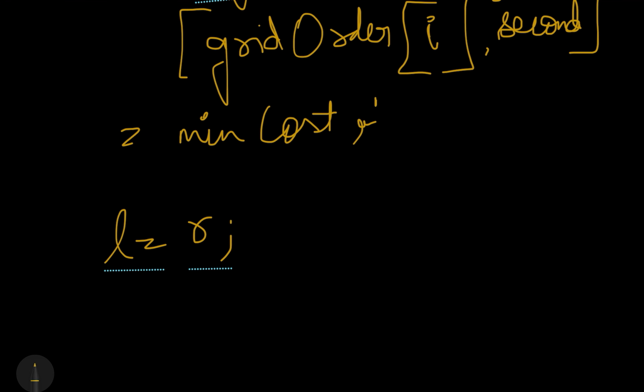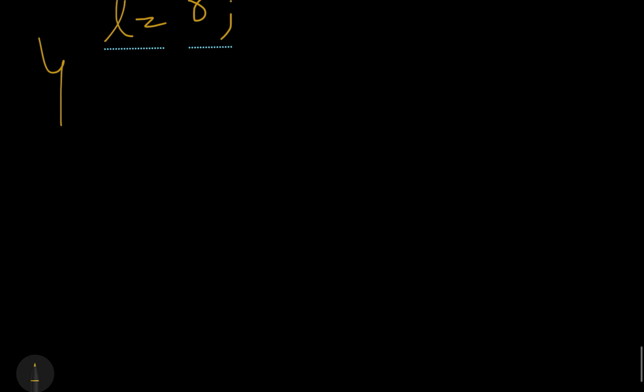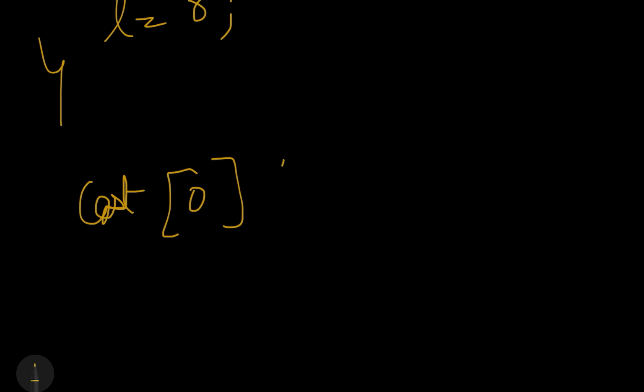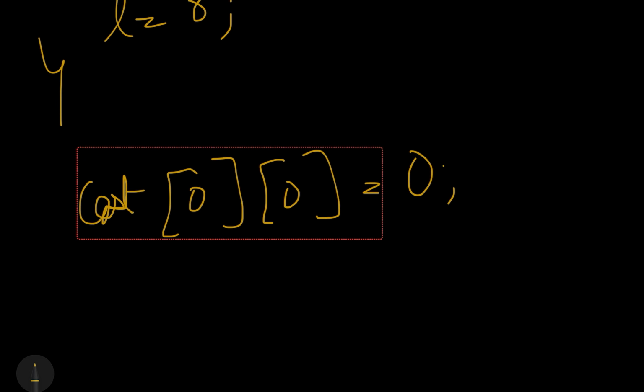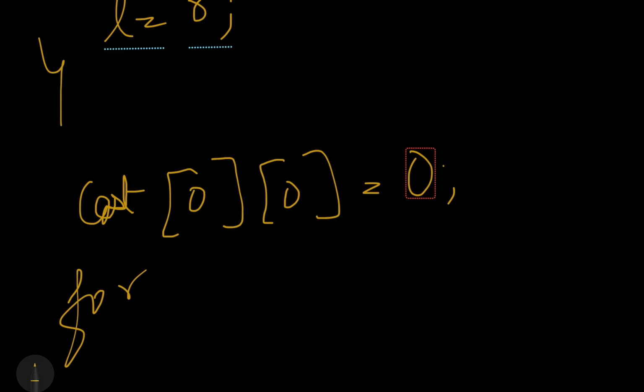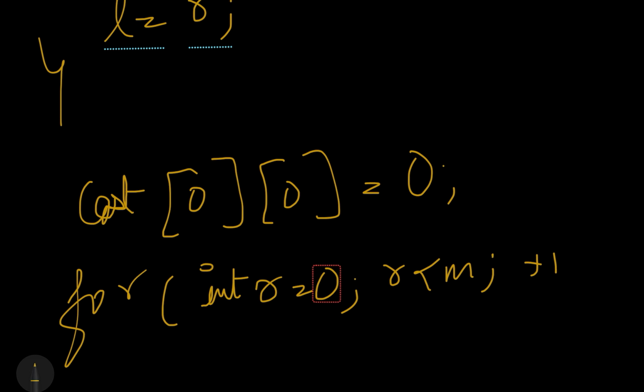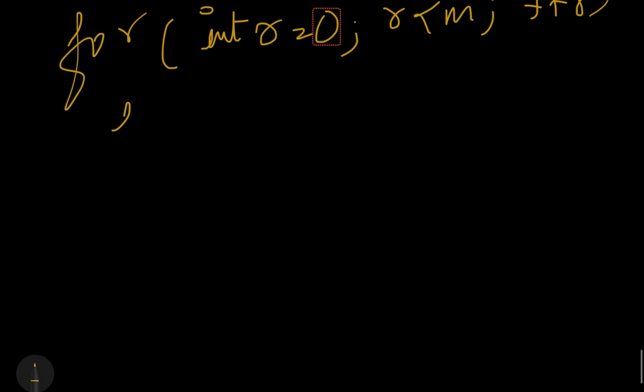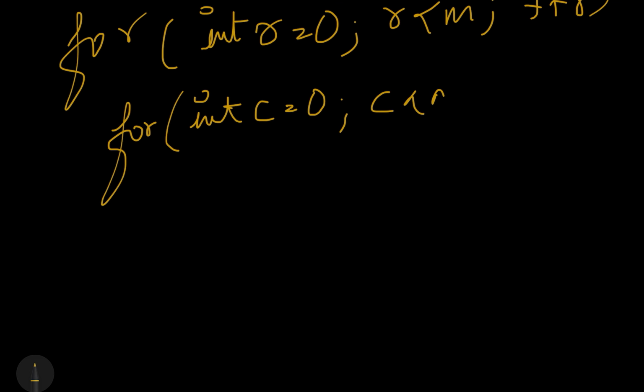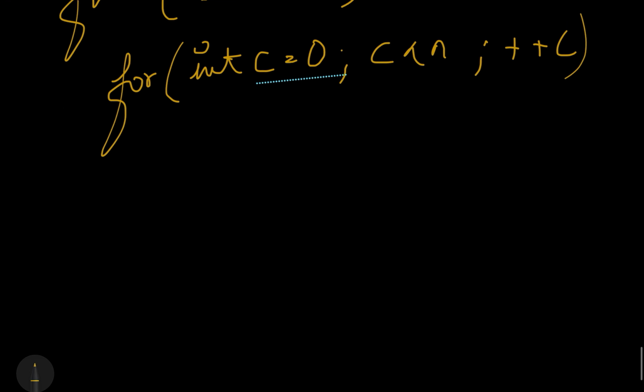Then we'll try the normal moves. How we'll do it: for int r equal to 0, r less than m, plus plus r, we'll iterate through the grid, and for int c equal to 0, c less than n, plus plus c.